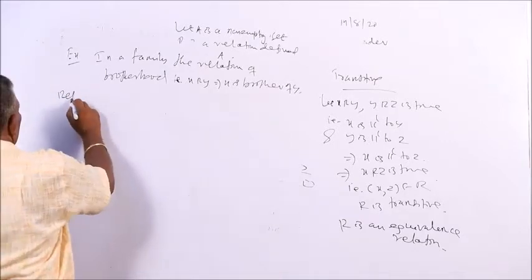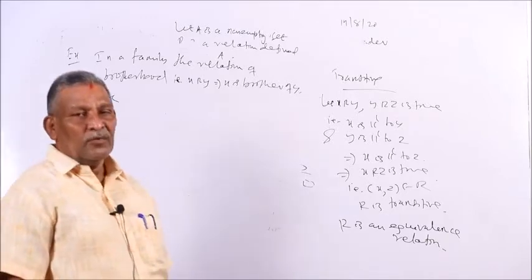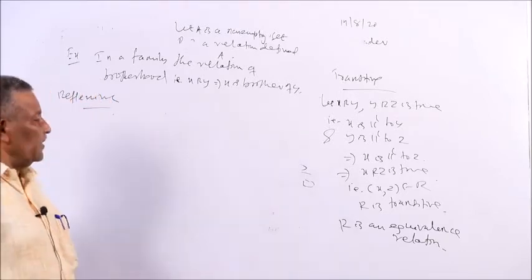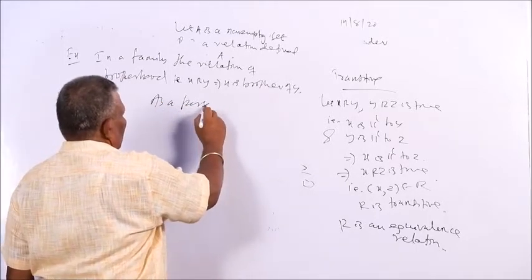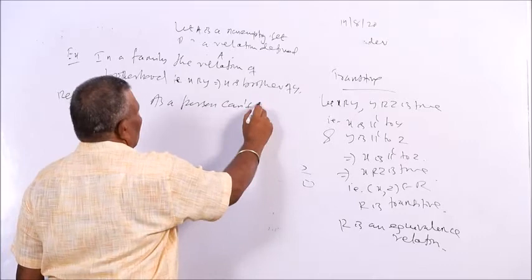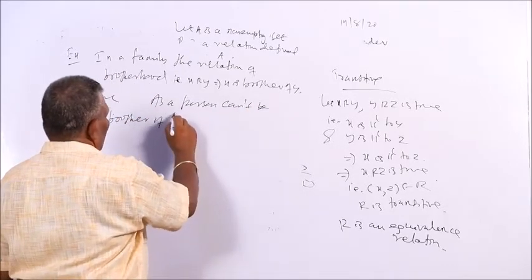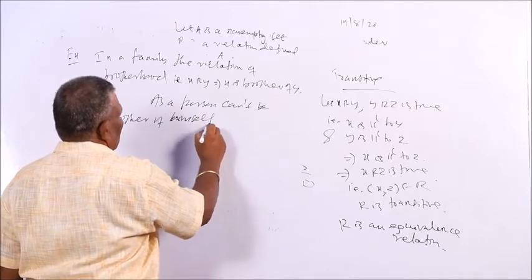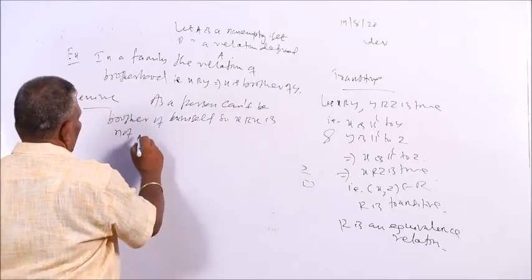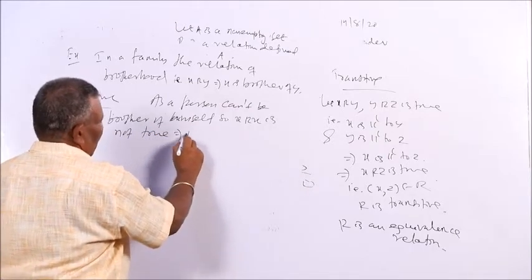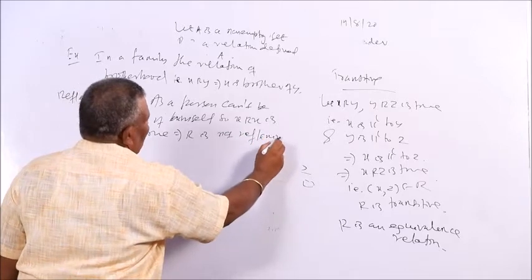Reflexive. We know that a person cannot be the brother of himself, so x R x is not true, which implies R is not reflexive.